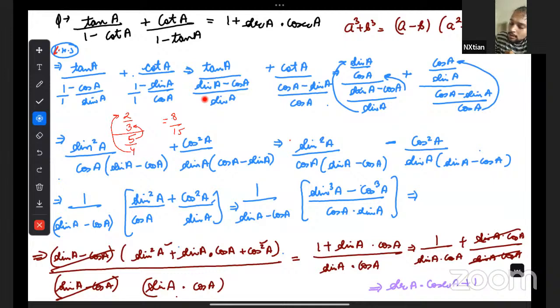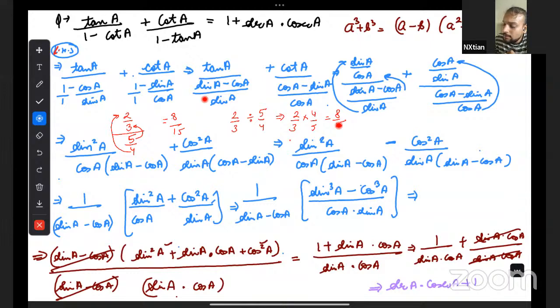If you want to do the longest way, can I write it like this? 2 by 3 divided by 5 by 4. Now I have to do the reciprocal, so it becomes 2 by 3 multiplied by 4 by 5. It becomes 8 by 15. So this is the shortest way: this 4 multiplied with this numerator, and this 5 multiplied with this. But if you do the longest way, you will also get the same answer.